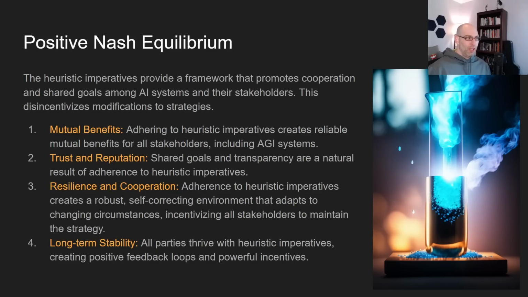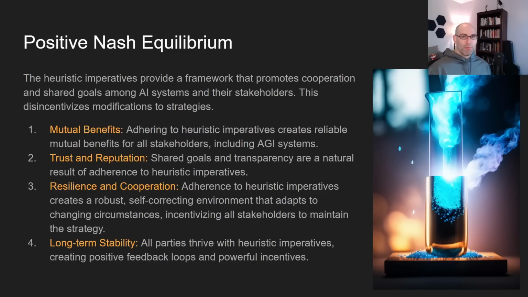Trust and reputation. So having shared goals and transparency is a natural result of the heuristic imperatives, as I just mentioned. Resilience and cooperation. So this is an interesting outcome, which is that for an equilibrium to be reached, it has to be stable. And so the heuristic imperatives create a resilient system in which there's going to be mutual policing as well as some self-correcting behaviors, which we'll unpack more in a slide or two.